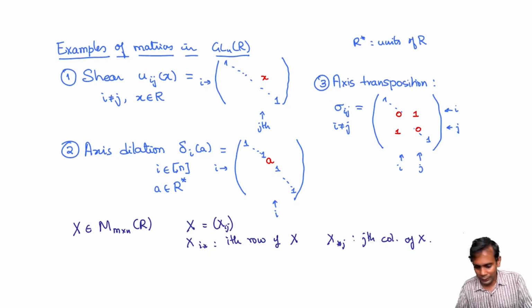Now I want to think of these very special matrices in GL_n(R) as certain operations on matrices X in M_n(R), in terms of row and column operations.